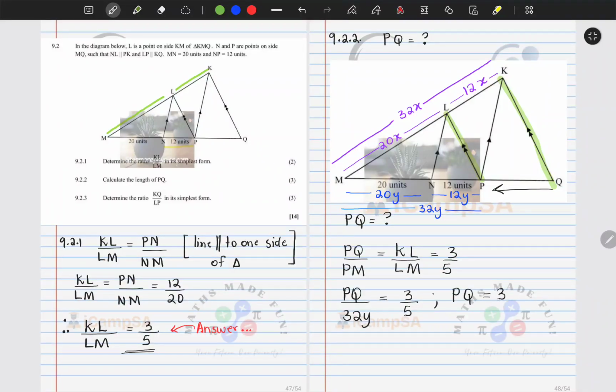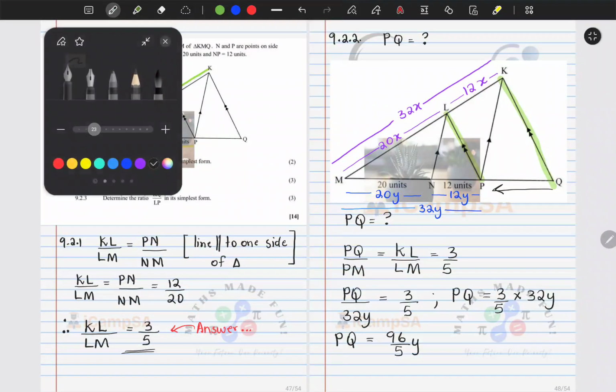Okay, and now we can multiply such that we get our PQ. So our PQ will be 3/5 multiplied by 32 times y. Okay, so which means our PQ is simply, I don't think that will divide. So the answer, you will see that it will be 96 divided by 5y.